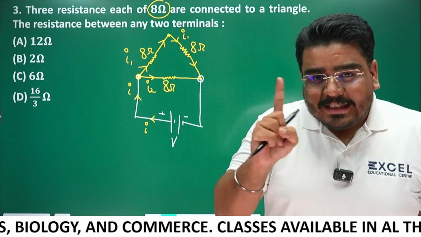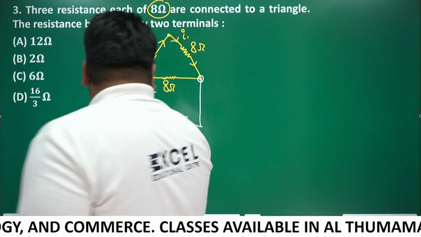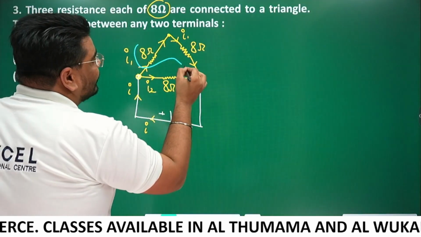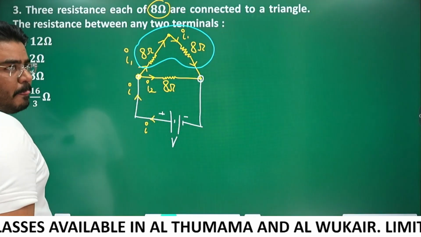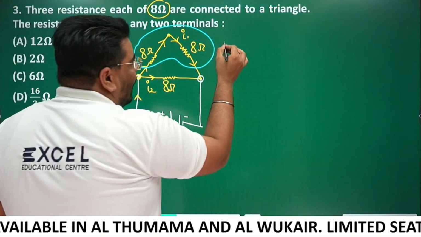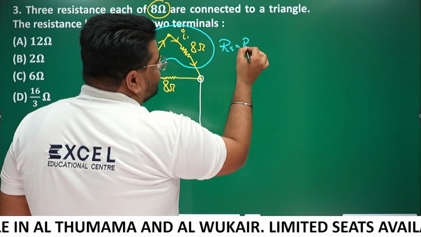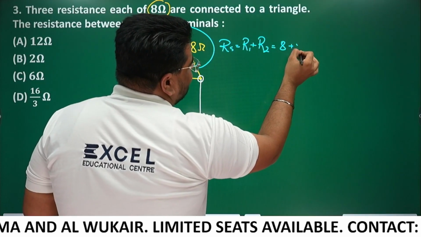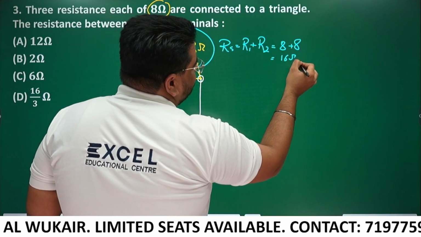They are in series, right? So that makes me understand, sir, these two resistors, are they in series? Yes. 8 plus 8, RS is equal to R1 plus R2. So I can write it down as 8 plus 8, that is 16 ohm.